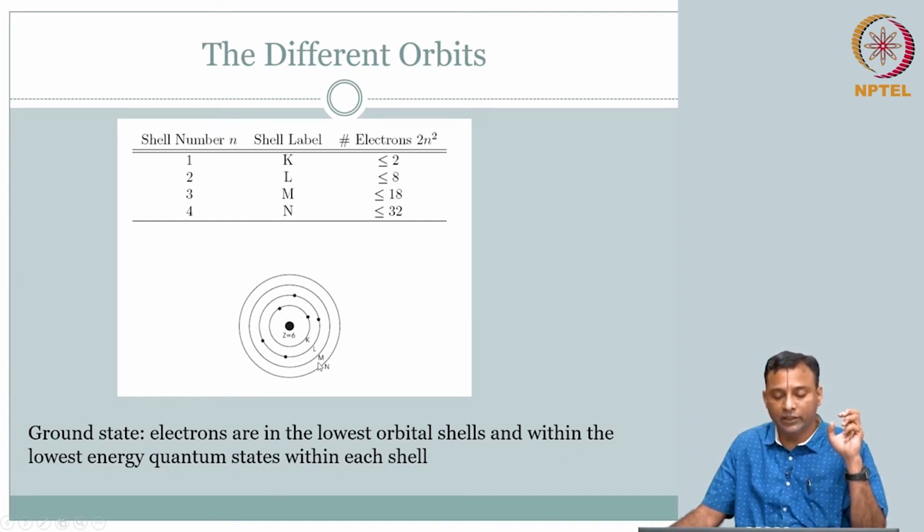Within a shell, the electron is positioned so that it also gives the lowest quantum state. So in some sense, it is favorable for the electrons to be in these shells, within the influence of the nucleus, so that there is less energy.